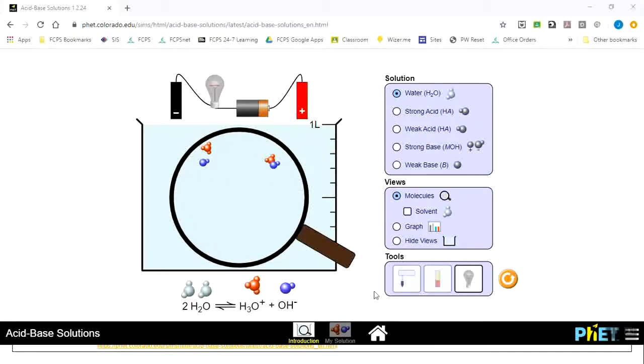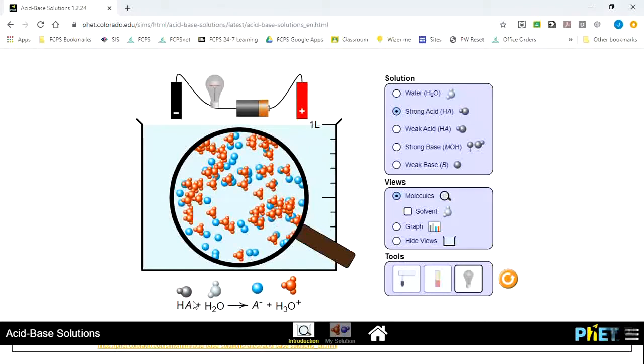So I'm going to show you this PhET simulation to show you what I mean by complete dissociation and partial dissociation of acids and bases. So for a strong acid, if you take a look here, the HA represents the strong acid, and it dissociates into A- and H3O+, which we can think of as H+, okay?